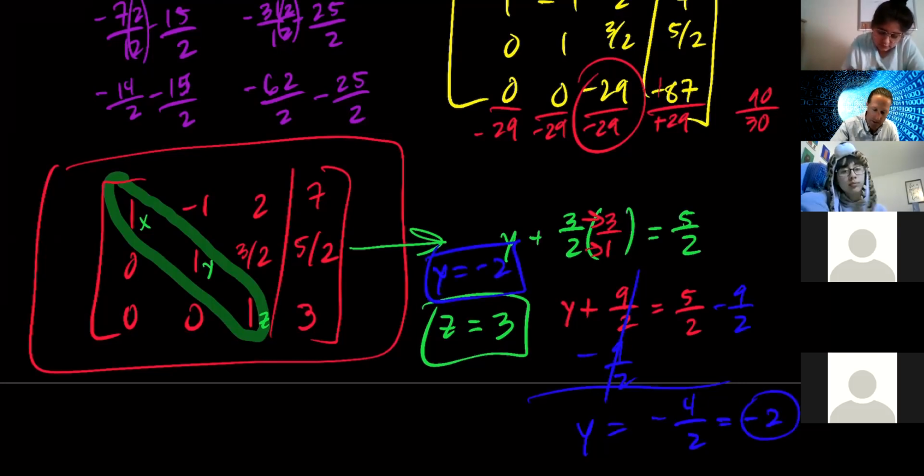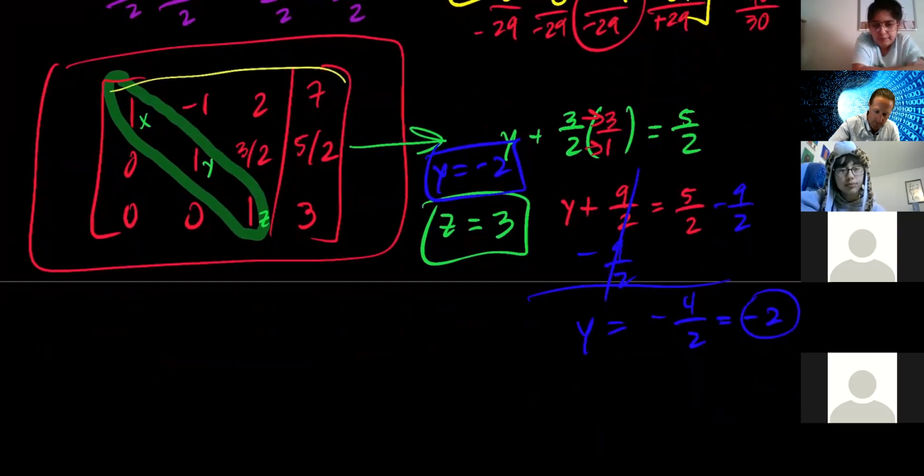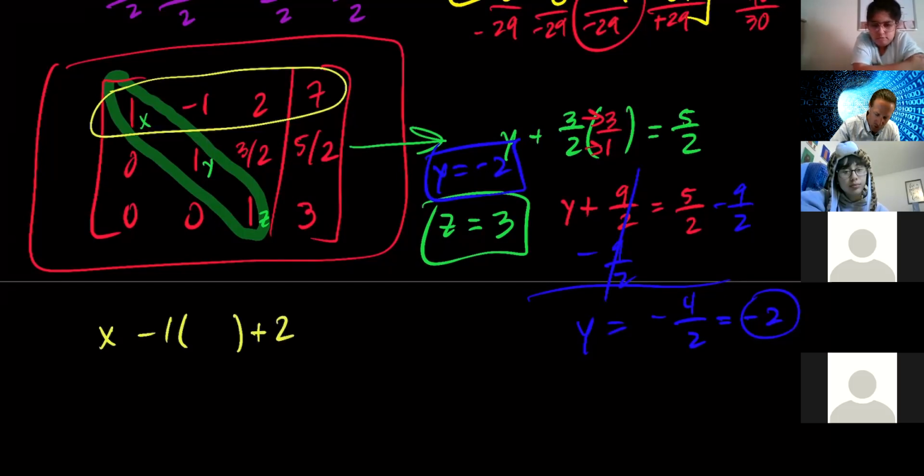And once we have that, we will lastly take our what? One x minus 1y plus 2z is equal to 7. And we will plug in what we know each one of those things is.